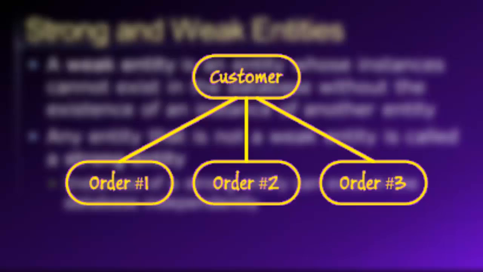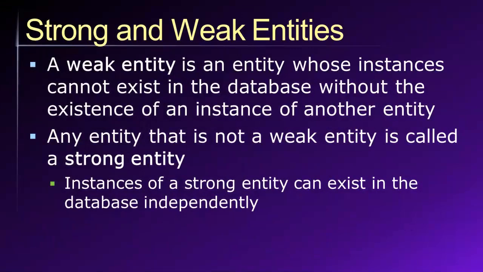However, we cannot add an order to the database unless that order is associated with an existing customer. In this example, a customer would be a strong entity, whereas an order would be a weak entity.